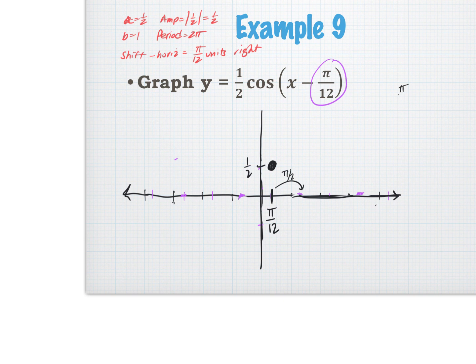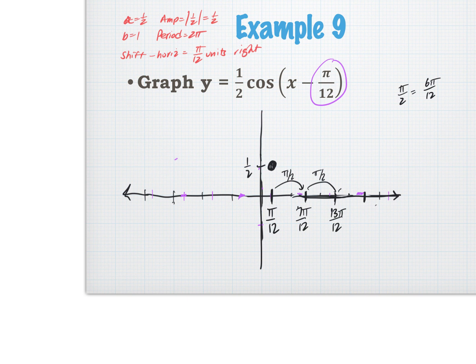So pi over 2 in terms of a denominator of 12 is equal to 6 pi over 12. That's pi over 2. So you're going to add 6 pi over 12 to pi over 12, and you know your next value is going to be 7 pi over 12. Then when I add pi over 2 again, or 6 pi over 12, I'm going to get 13 pi over 12.